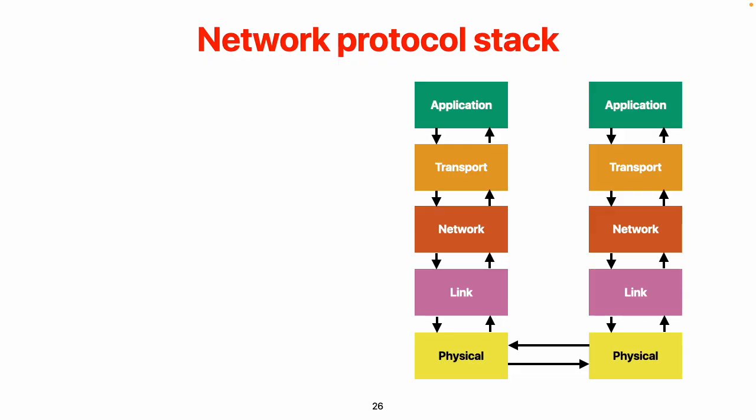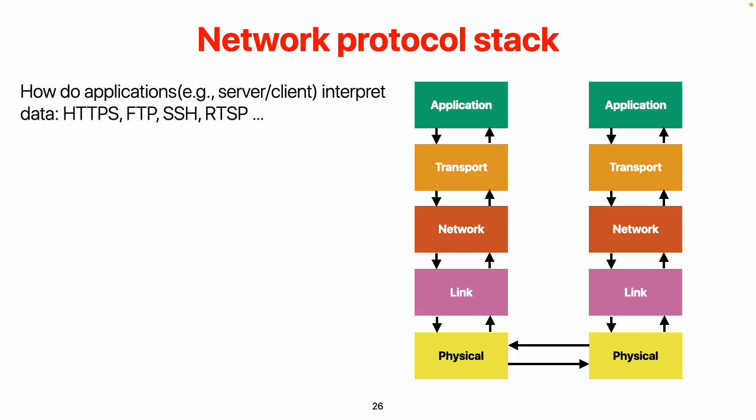And for the 5 layers, the application layer, for example, HTTPS, FTP, SSH, RTSP, they are all so-called applications. How do applications interpret data? So typically during a network transaction, no matter whether it's wireless or wired, all the stuff you just mentioned, like I want to do replica, I want to distribute my data, they all go through this 5-layer protocol, right?